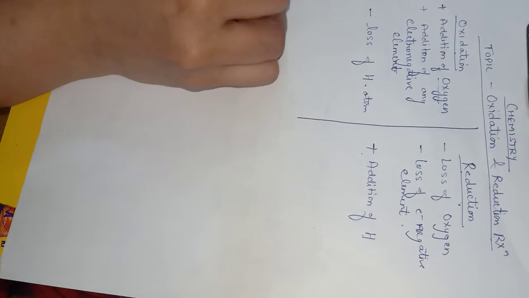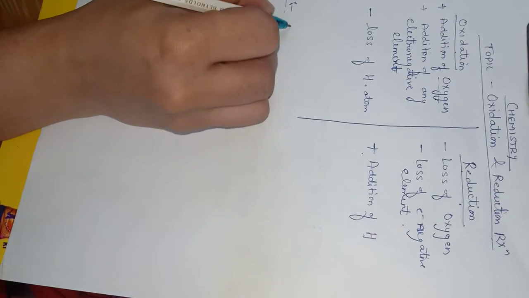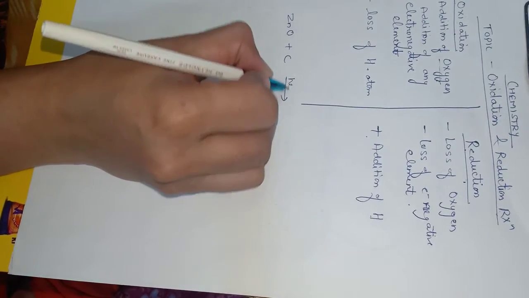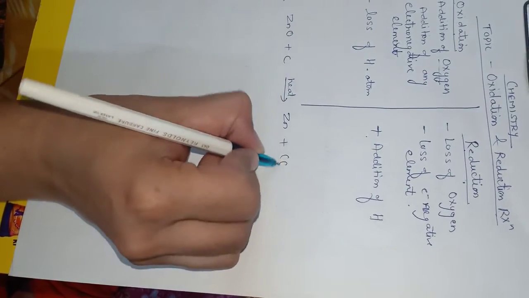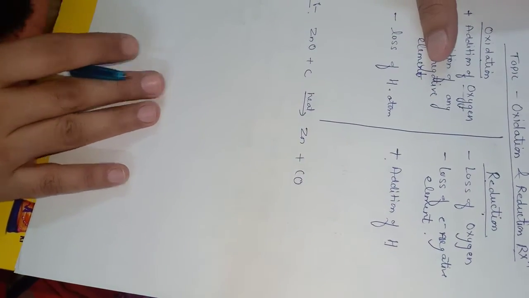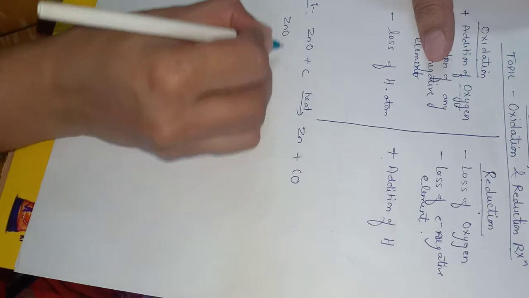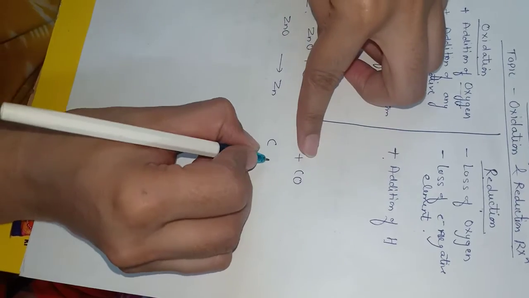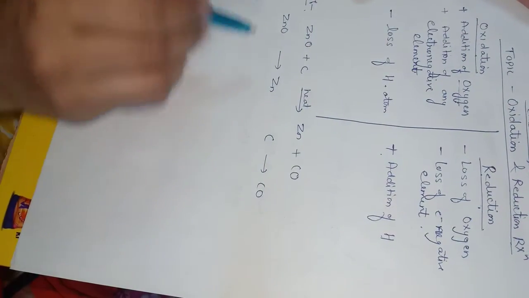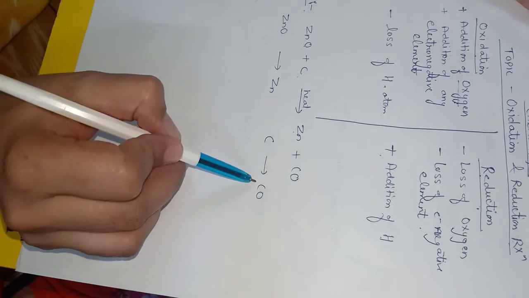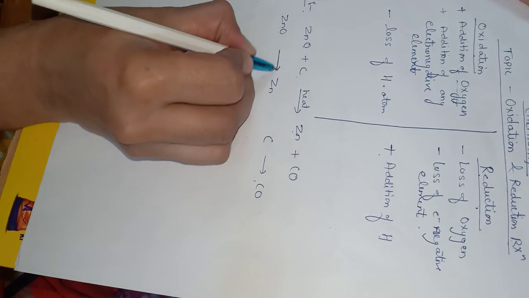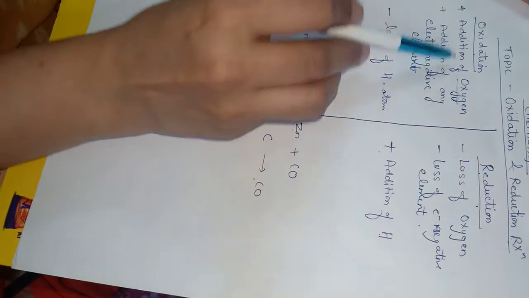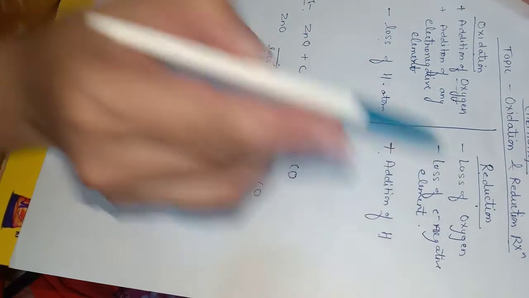For example, ZnO plus carbon, zinc oxide and carbon, when we heat it will give zinc plus CO. Here ZnO, that is zinc oxide, converts into zinc, and carbon converts into CO. That means ZnO loses oxygen, and loss of oxygen is reduction.